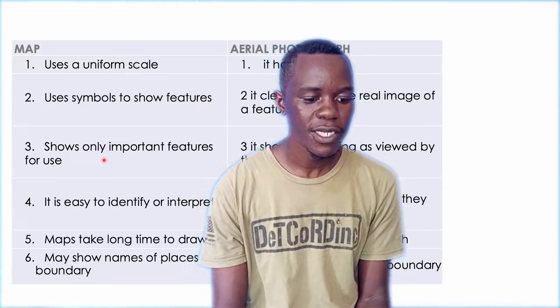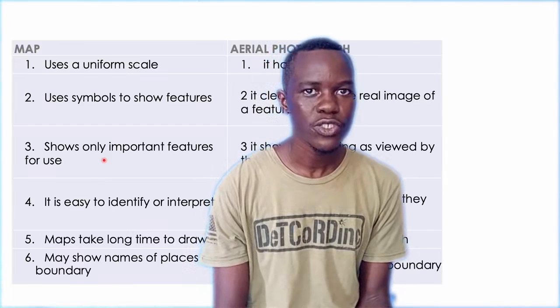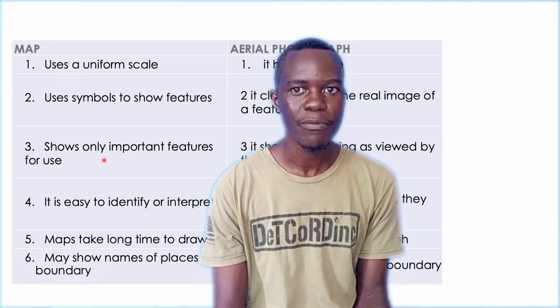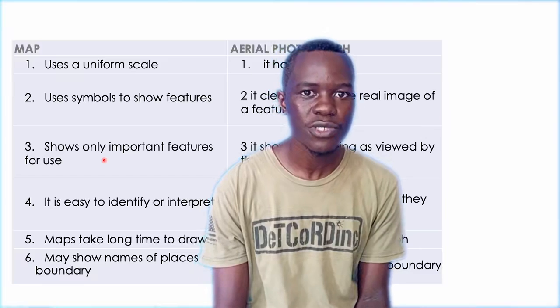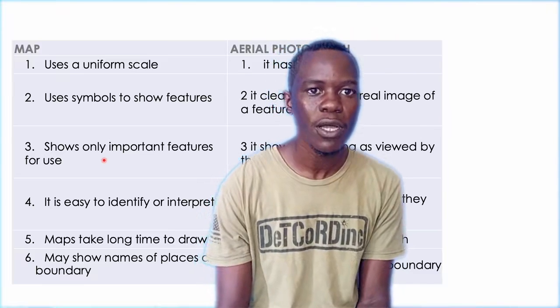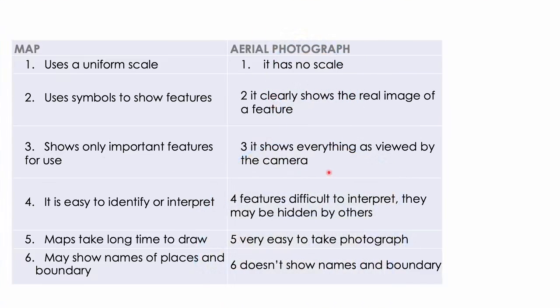If this map is to present maybe the physical features, maybe mountains only, you can only include the important features which will restrict the physical features on that particular map. But on an aerial photograph, the camera doesn't choose. It just takes everything that has been viewed by the camera.